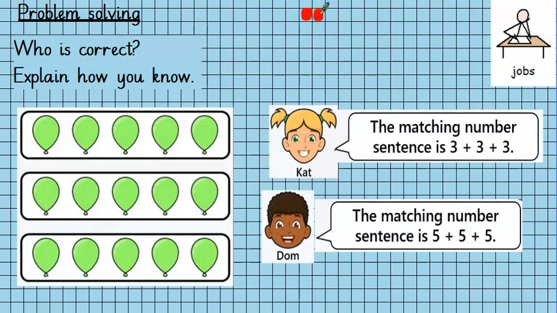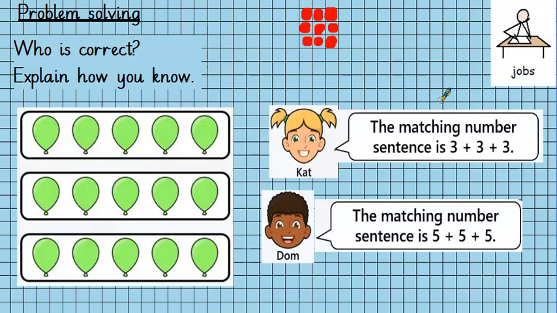So that means that there are 3 in each row, and that is 3 times. So 1, 2, 3 times means 3 rows. This is the array of what Kat has said.